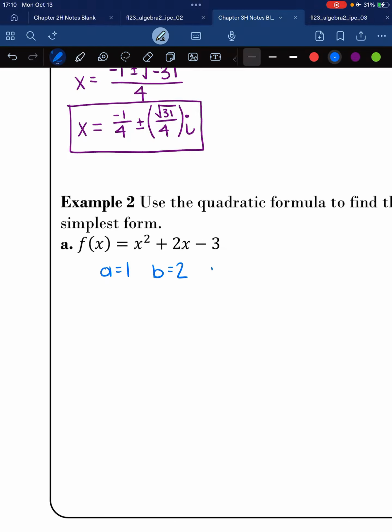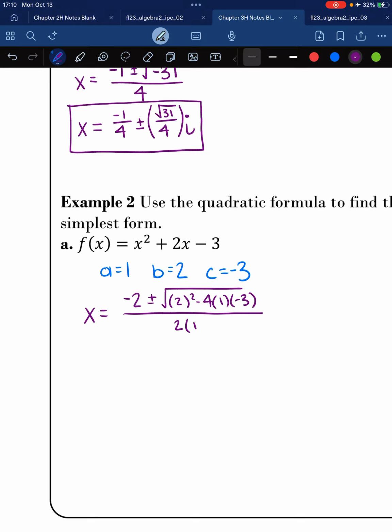Let's go ahead and write down a equals 1, b equals 2, c equals -3. Careful with those negatives. x equals -b plus or minus the square root of b squared minus 4ac all over 2a.